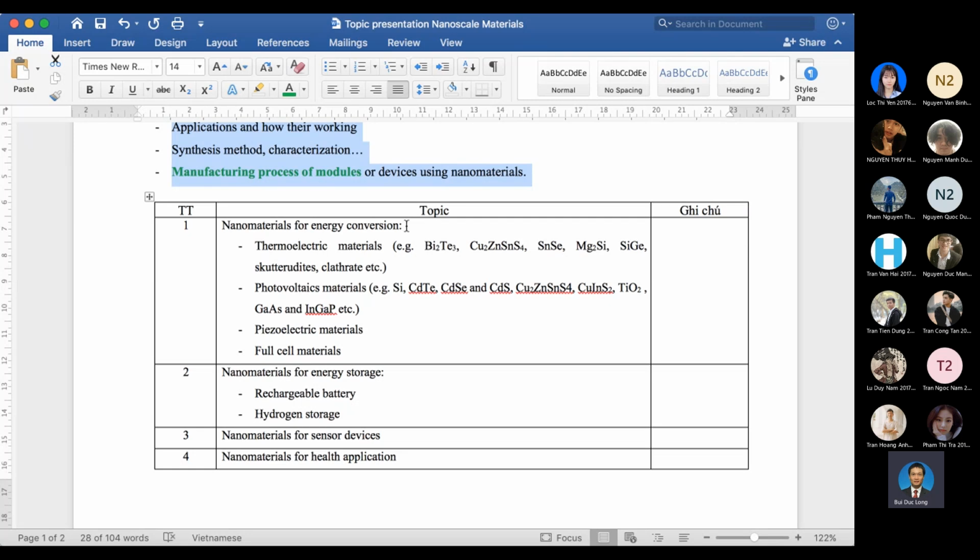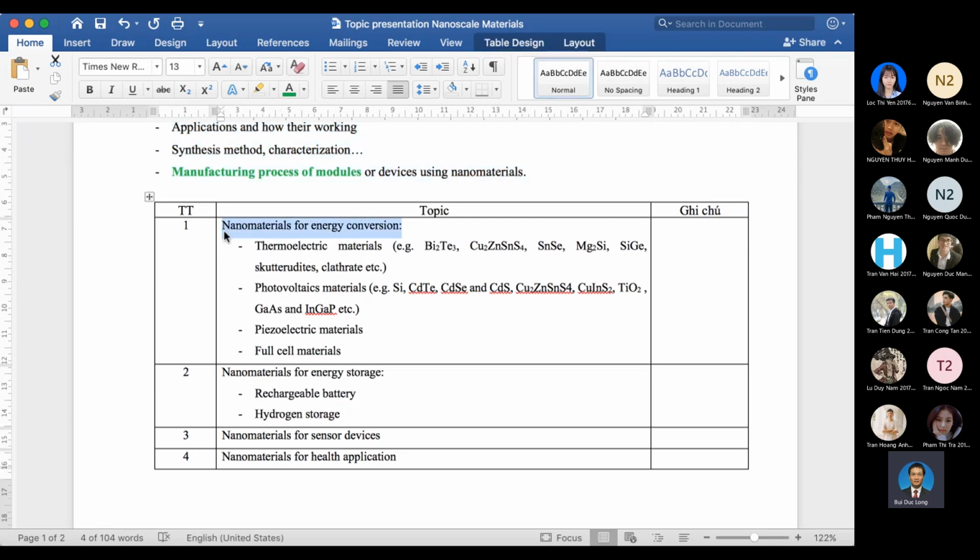I can give you some examples or suggestions for materials. Actually, I require you to choose or select a material by yourself for a certain application, but here I already give you some examples, so it can be good for you to choose or select from. This is an example.